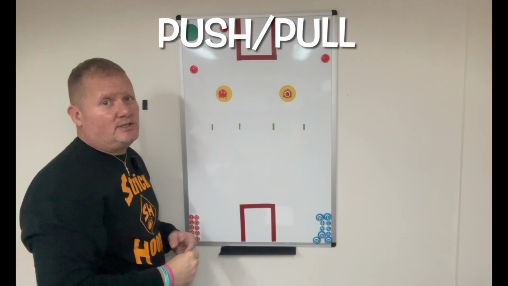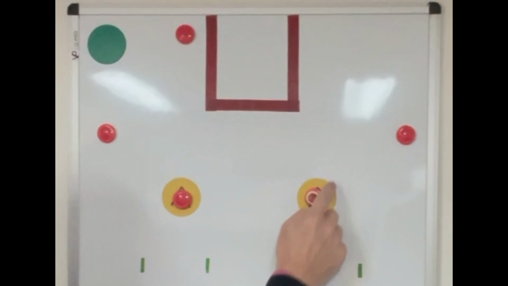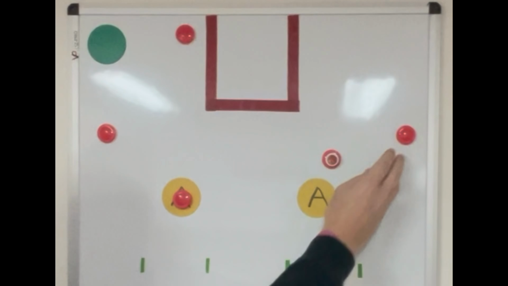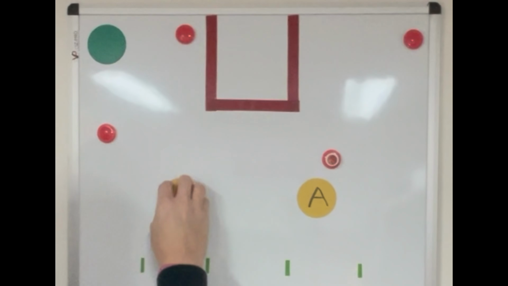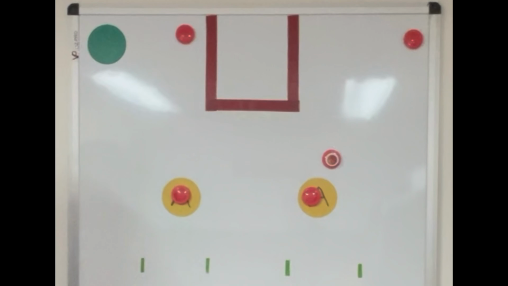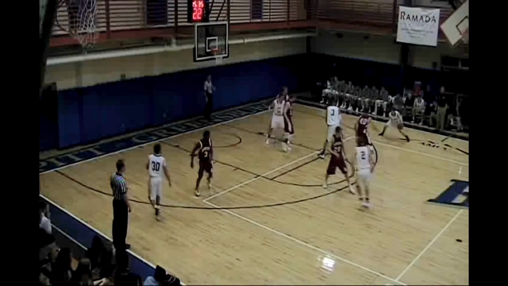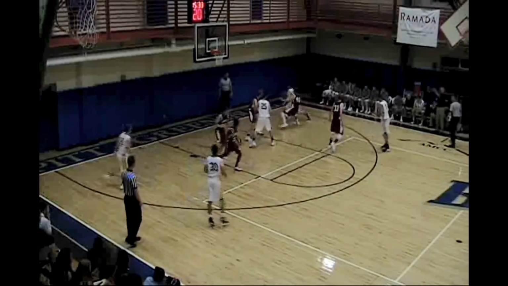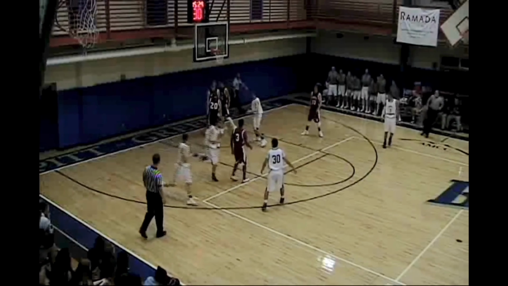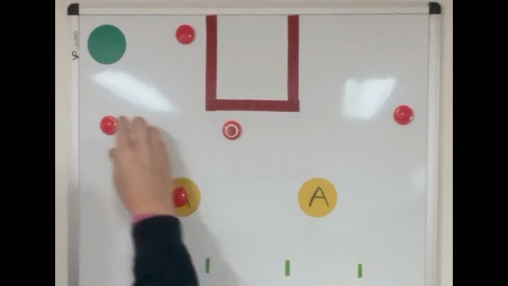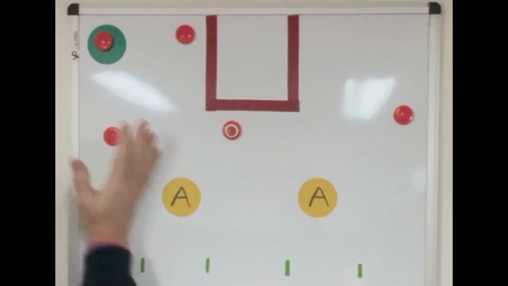Now that I coach AAU, it's all push-pull actions. If we're going to drive right, the players on the ball side get pushed. The players on the back side of it get pulled over, and we replace that way. And if we would drive left, players on the ball side get pushed.